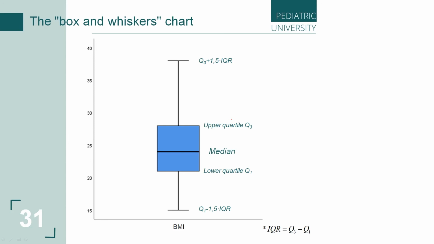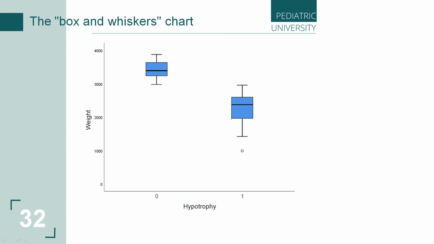So, the graph is handy when comparing 2 samples. Group 0 is newborns without hypertrophy, and group 1 is newborns with hypertrophy. Without dividing by severity, or just by whether there is hypertrophy or not, we can see that the mass in the hypertrophy group is much less.